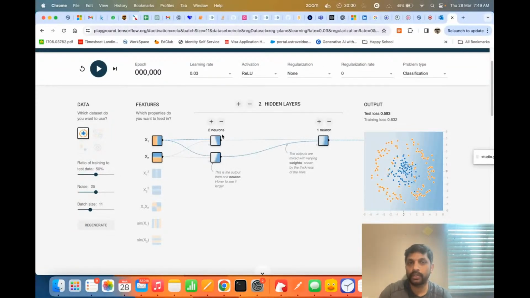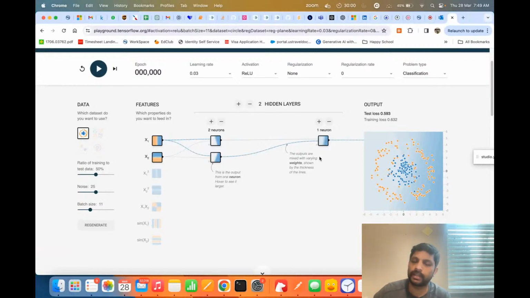The output of this neuron is a1, the output of the other neuron is a2. A1 and a2 will be fed into this neuron. So this neuron's z is calculated as w31 a1 plus w32 a2 plus b31, the bias term for this particular neuron, right? That is in turn calculated as 1 by 1 plus e power minus z3.